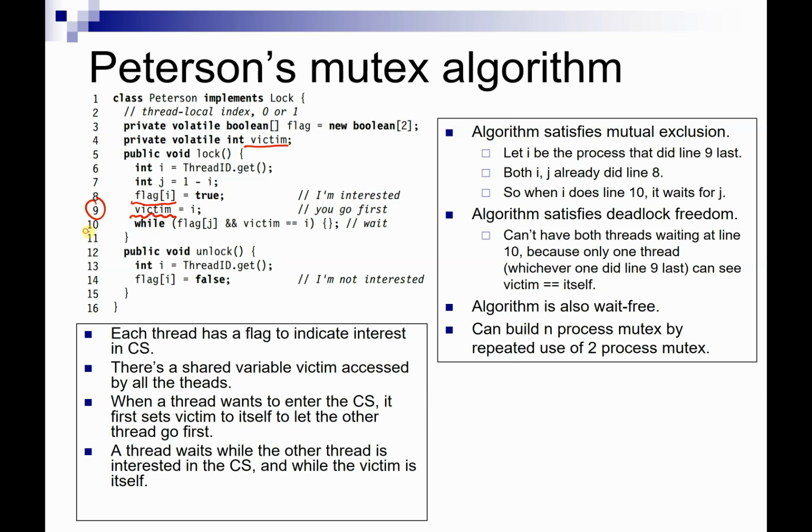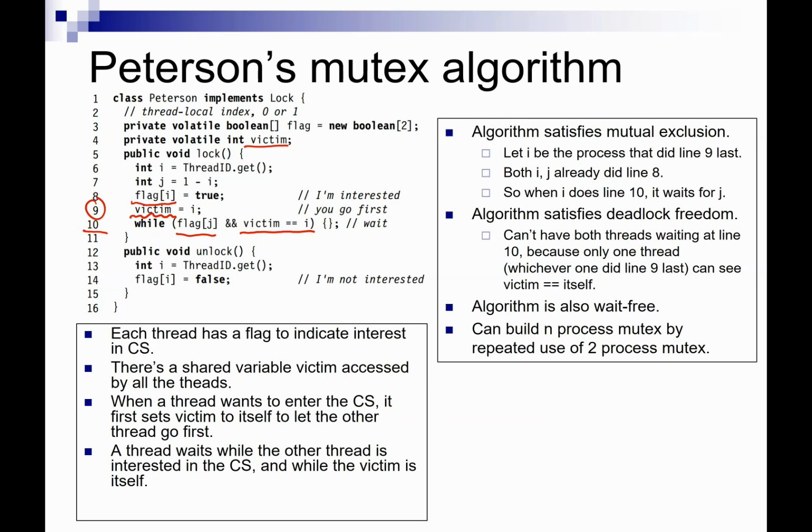So how do we decide who goes in? We're again going to look for the other guy's flag. If the other guy's flag is raised, so he wants to go into the critical section, and victim equals I, meaning I'm going to wait for the other guy, then I will actually wait.